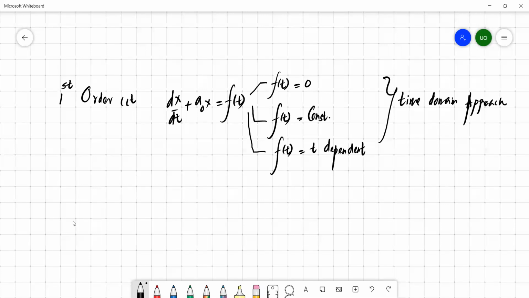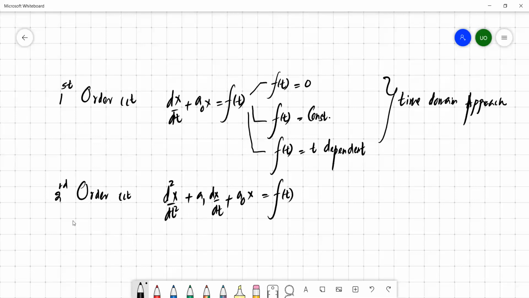Then we move to the second order circuits. For the second order circuit, once you apply Kirchhoff's laws and simplify, you end up with a second order differential equation: d squared x over dt squared plus a1 dx over dt plus a naught x equals f(t).